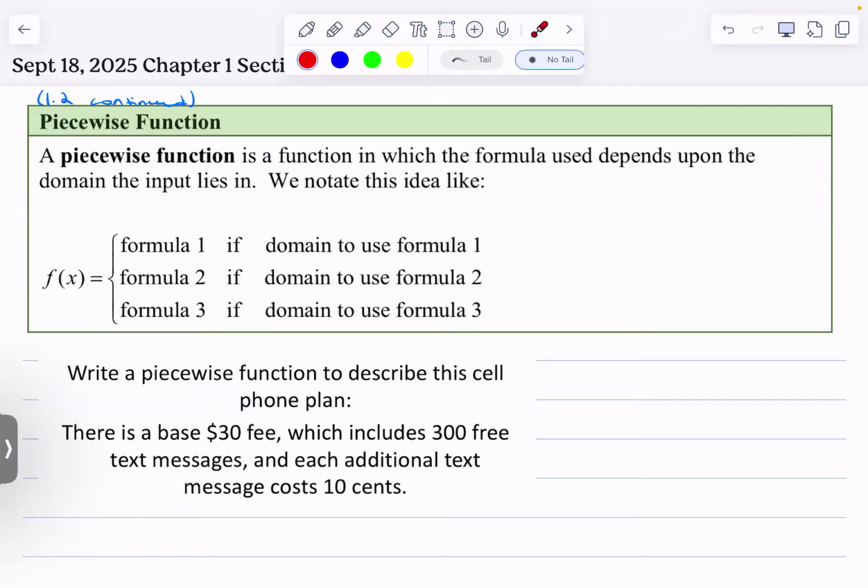So a piecewise function is a function where the formula that we use depends on the domain. And of course, as a tiny bit of review, remember the domain is the possible values of x.